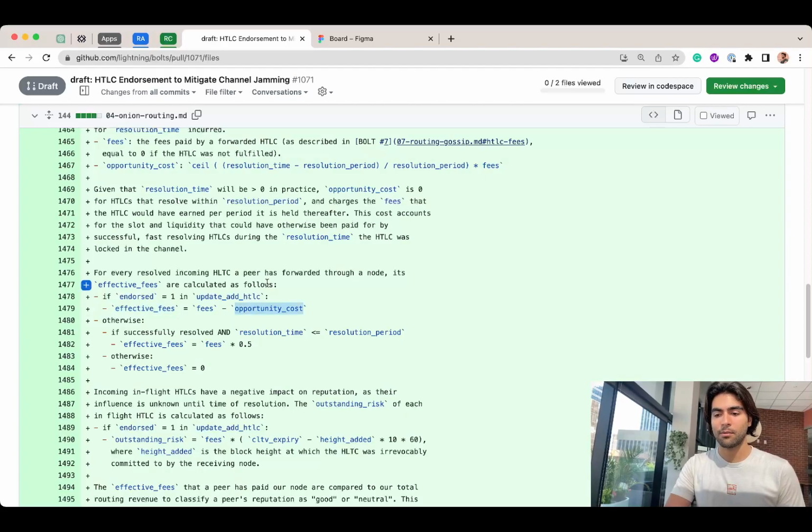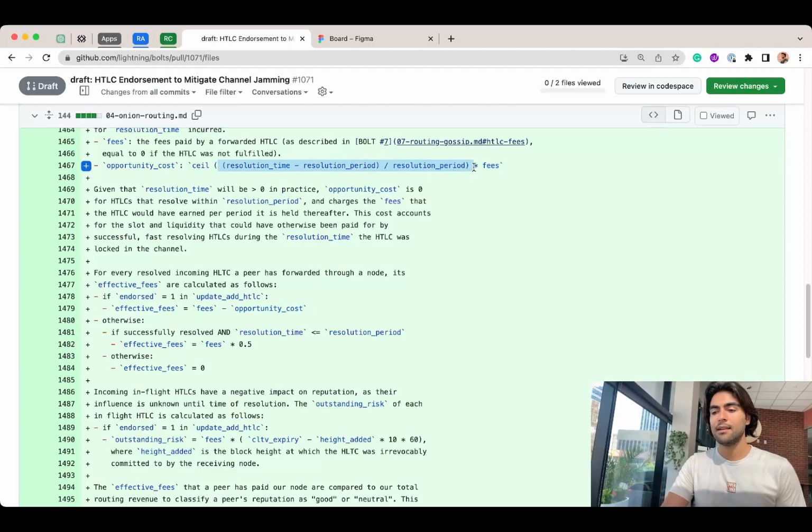For example, if this formula results in 1, basically if the resolution time is even a little bit longer than the resolution period, this would be 1, and so we're gonna set the opportunity cost to fees, and then the effective fees would be 0, right? Or if the resolution time is twice as long as the resolution period or 3 times as long, then this could be like 2 or 3.